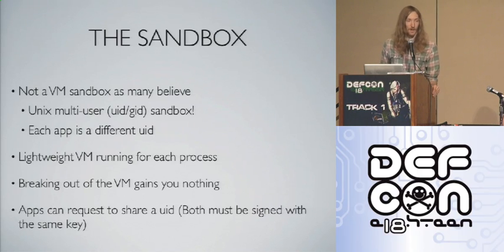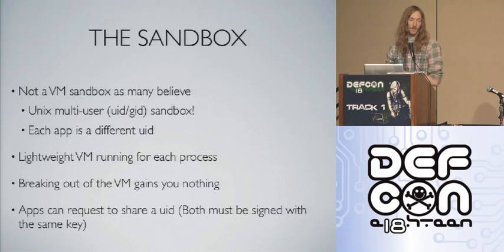Basically you have your UID and GID for every process, and every application is essentially a different user on the system, so they don't have access to each other's data on the file system, and they're also running in a multi-process environment where they're going to have segregated address spaces.